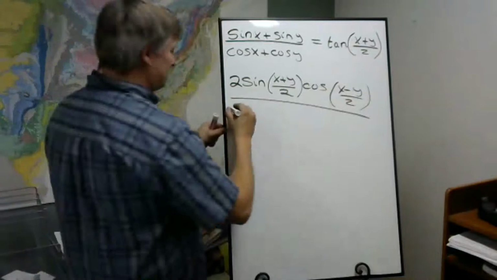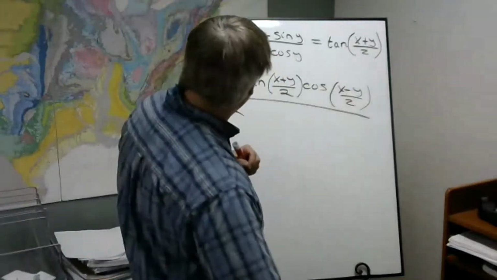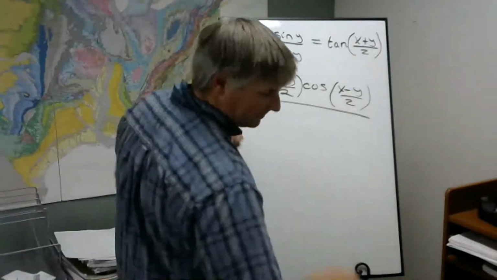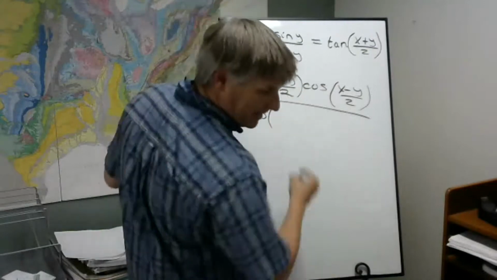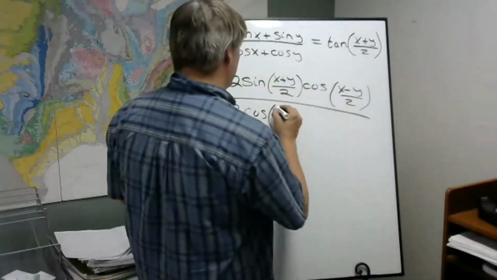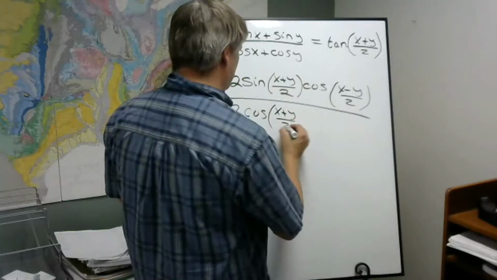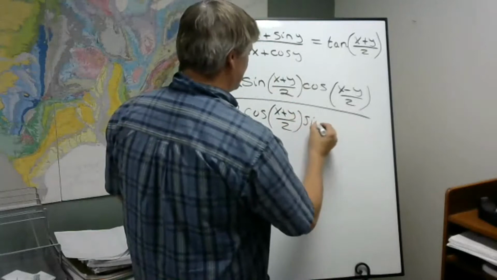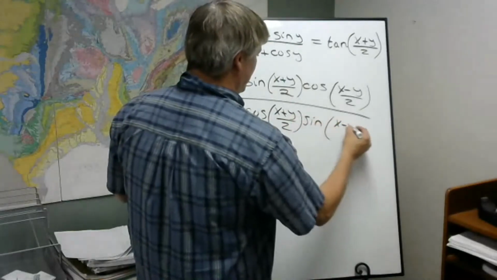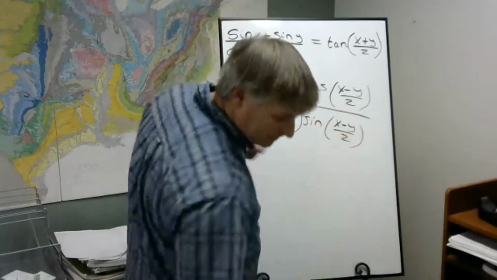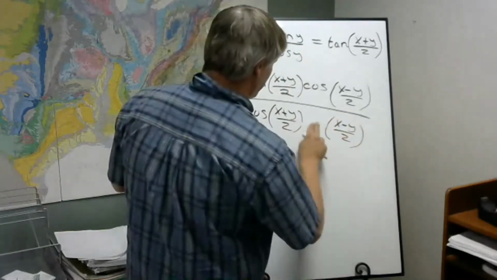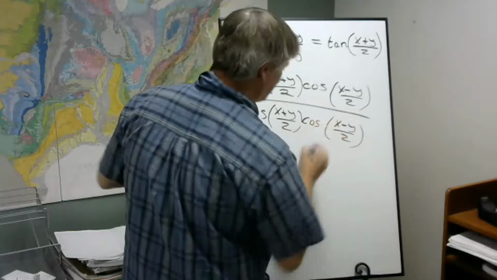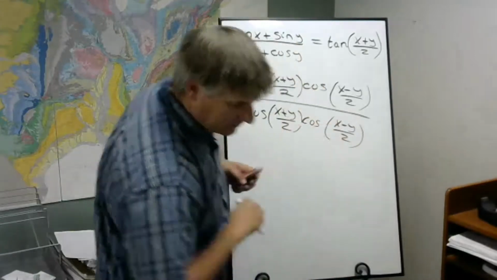And then for this one, let's see, I have a sum of cosines, so 2 cosine x plus y over 2, and then a sine x minus y over 2. No, it's another cosine. I'm sorry. Another cosine. All right.